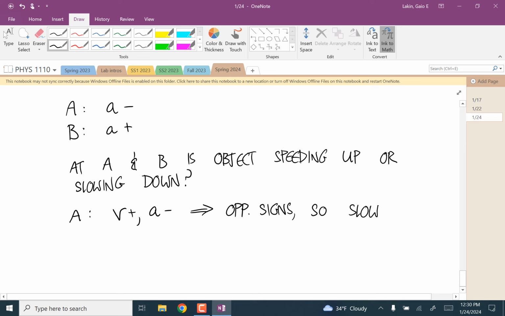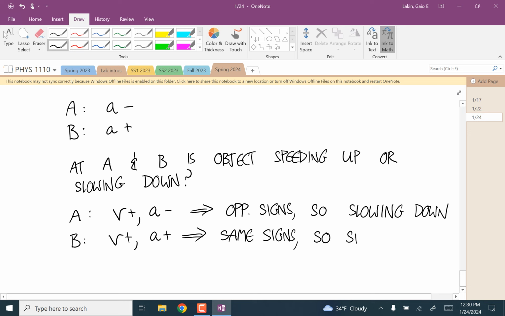So it's slowing down. And at B, the velocity was positive. The acceleration is positive. They have the same signs. So the object is speeding up.